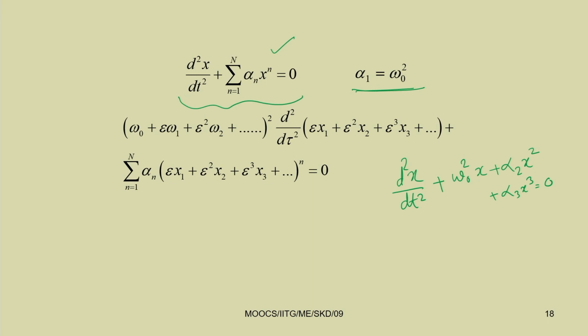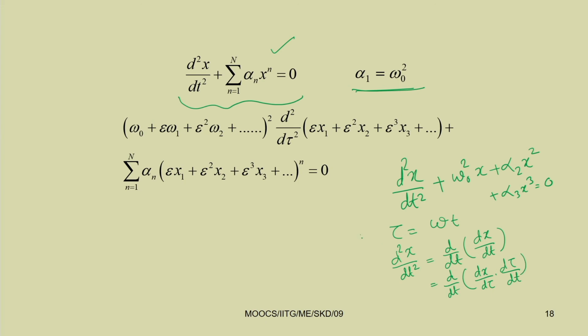We are substituting tau equal to omega t. Then d square x by dt square can be written as d by dt of dx by dt. Again, d by dt of dx by dt can be written as d by d tau of dx by d tau into d tau by dt.